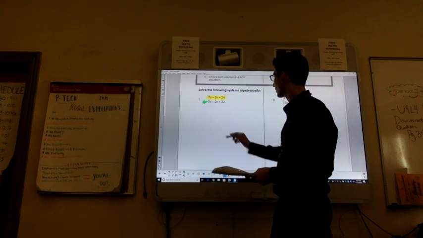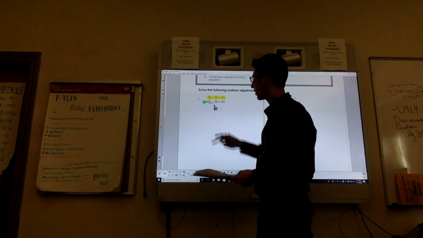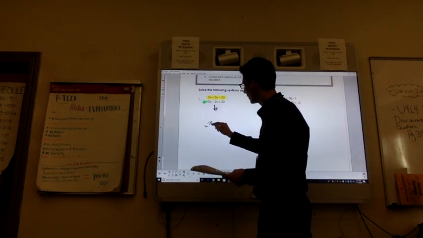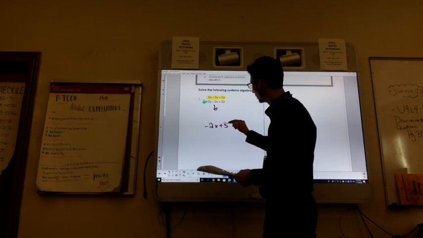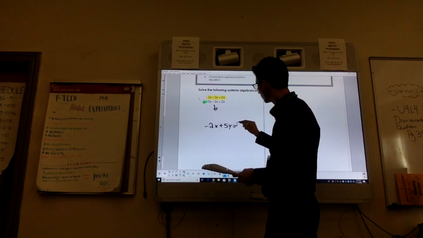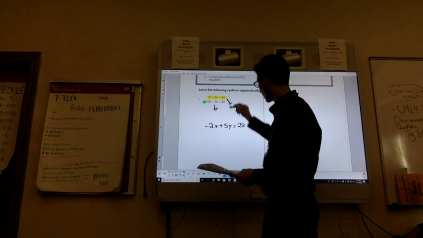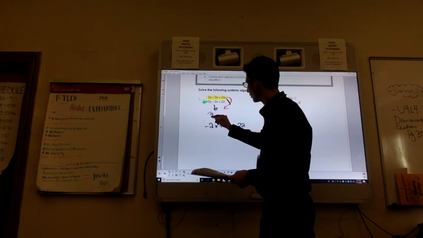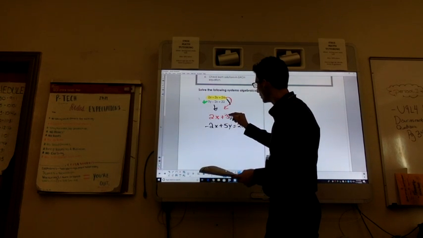So let's do that. I'm going to switch the 5y and the negative 2x around. Then I'm going to have negative 2x plus 5y equals 22. Okay? And this one is already in that form: 2x plus 3y equals 26.